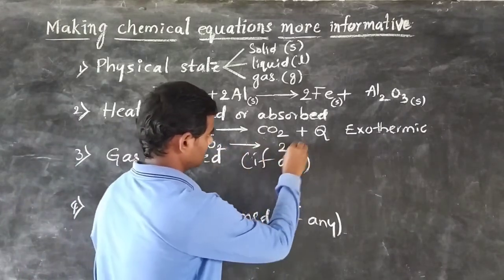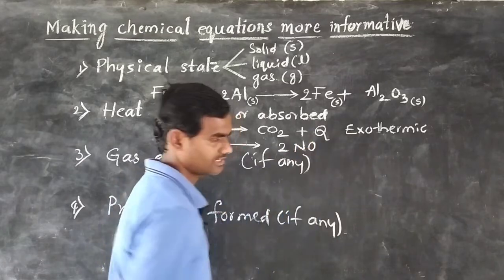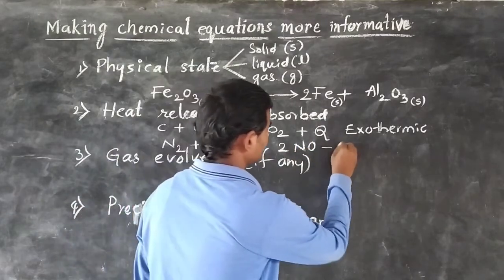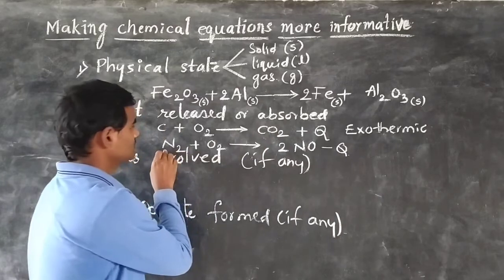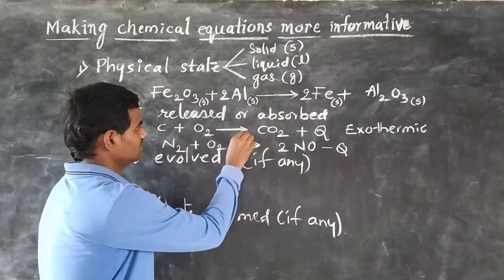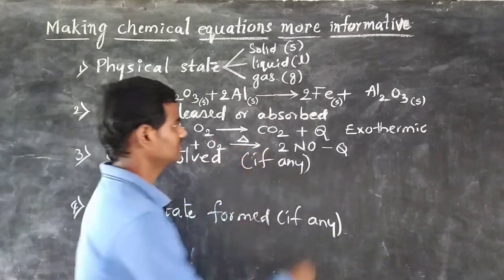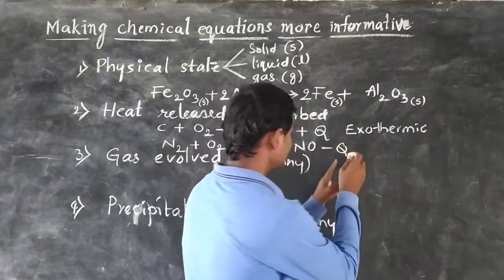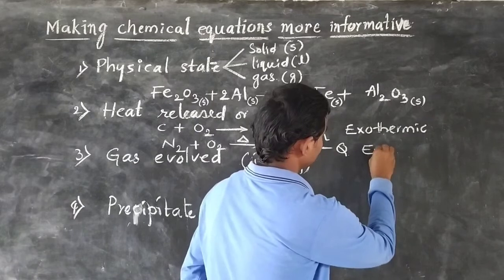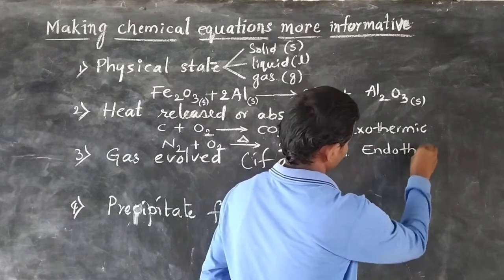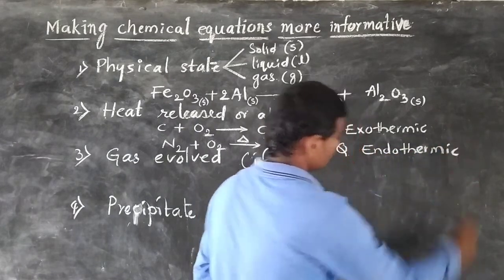It forms nitric oxide. Here the heat is absorbed. It means we have to supply heat to this reaction so that the reaction takes place. So here we represent heat absorbed with minus Q, that is an endothermic reaction.